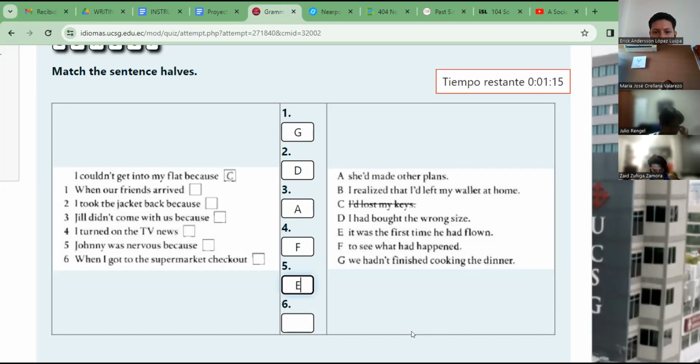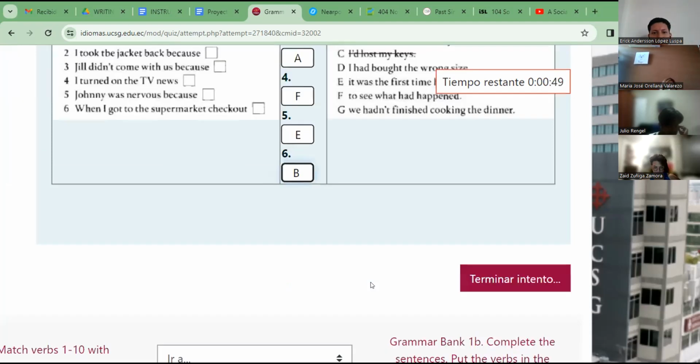Letter E. And obviously, Ronnie, number 6, please. Letter B. When I got to the supermarket checkout, I realized that I had left my wallet at home. Very good.